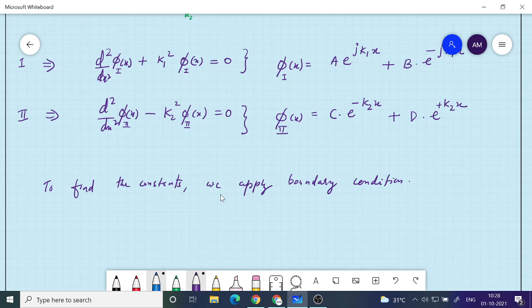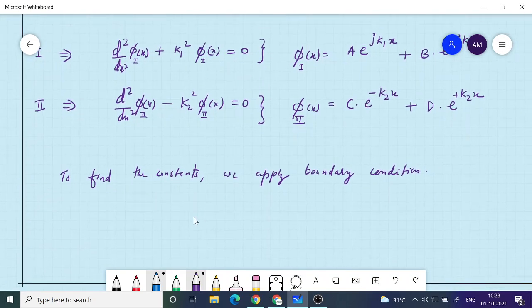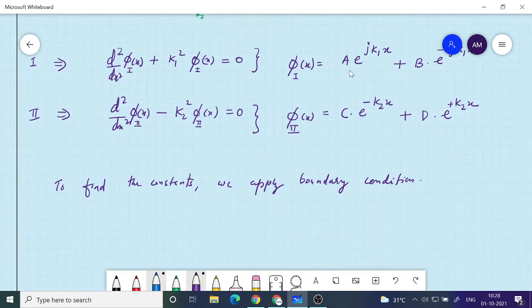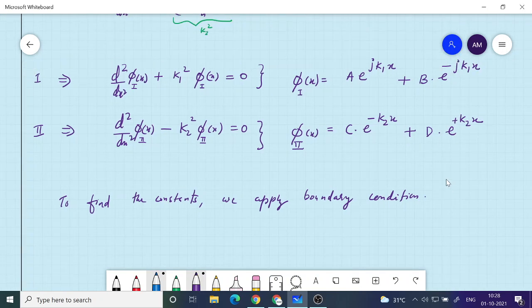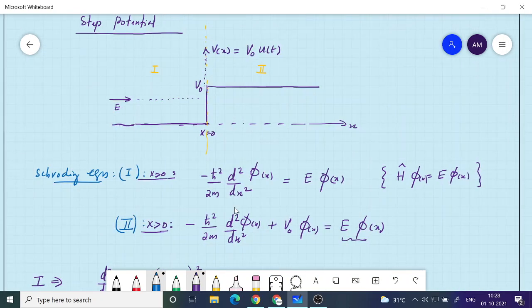So what are the boundary conditions? Number one, the wave is actually coming from the left side, so A is there. Now the wave can get reflected and go back to minus infinity. It is coming from minus infinity, that is true, but after hitting the barrier at x equal to 0, it can be reflected, because a wave has the property of reflection.